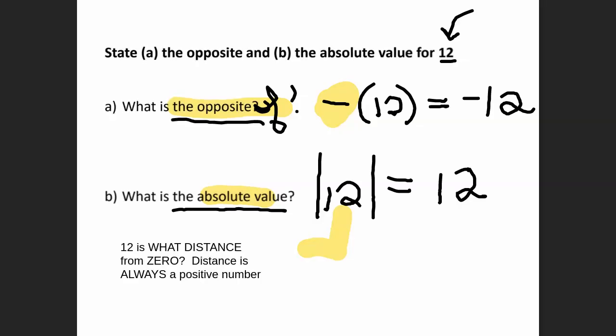So therefore, what is the absolute value of 12? Well, you want to ask yourself, 12 is what distance from 0? It's a positive number. It's 12.